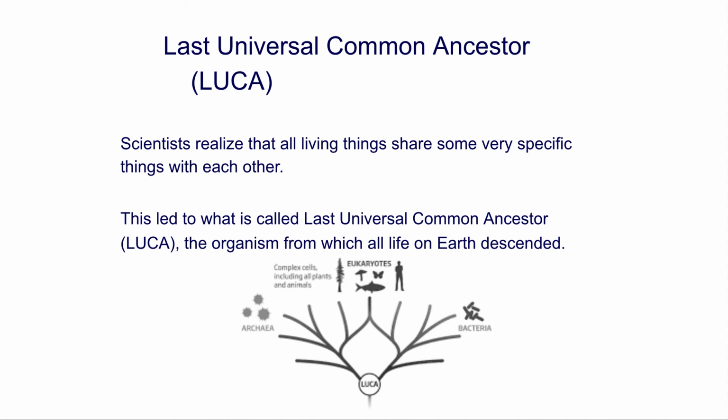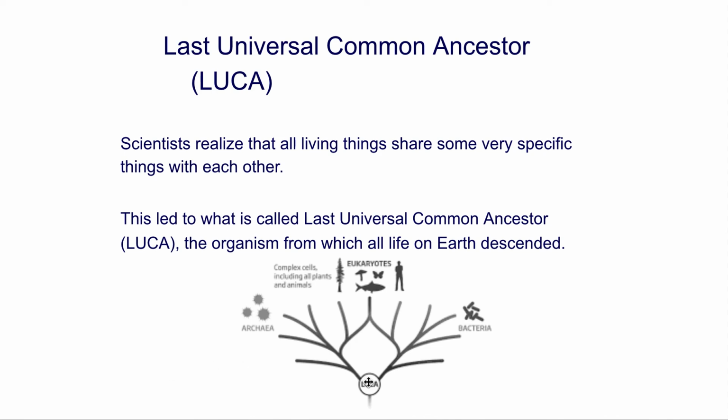Now, scientists understand that all living things share some very specific things with each other that make them living things. This led to an idea called the last universal common ancestor, or LUCA for short. LUCA is the organism from which all life on Earth descended, and that connects the entire tree of life.